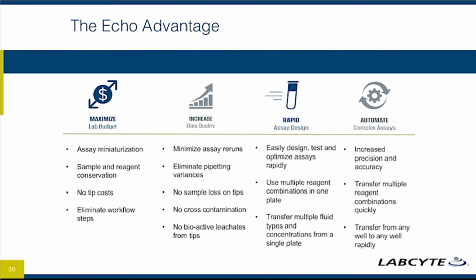The speed at which the system is capable of transferring liquids, the ability to do any well to any well transfer, of course, translates into a very rapid assay design process. And then lastly, the need to automate complex workflows and the increased precision and accuracy that comes through that automation, as well as the ability to free up time for perhaps other higher value activities within the lab.